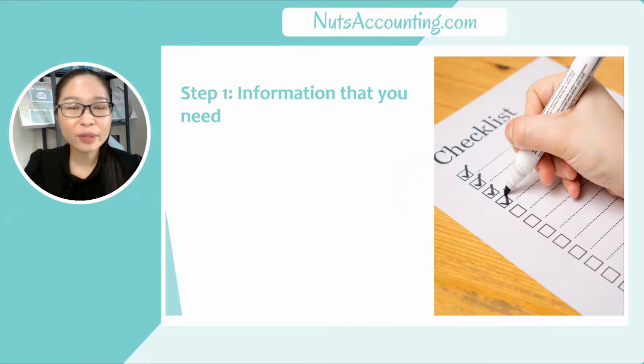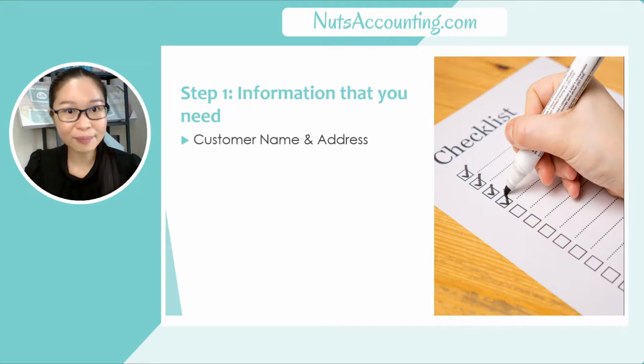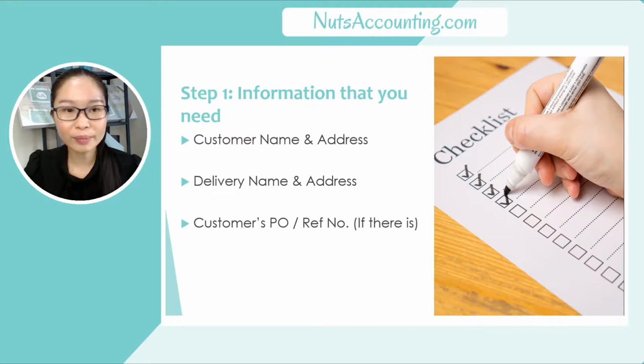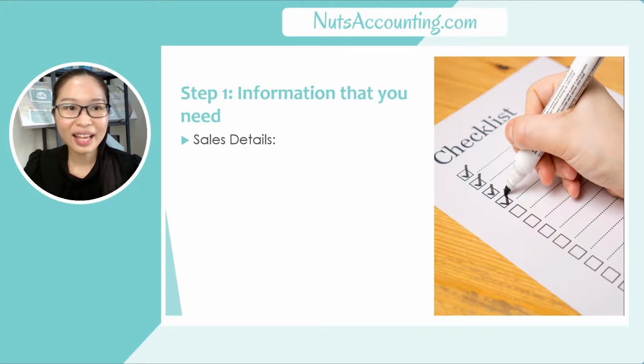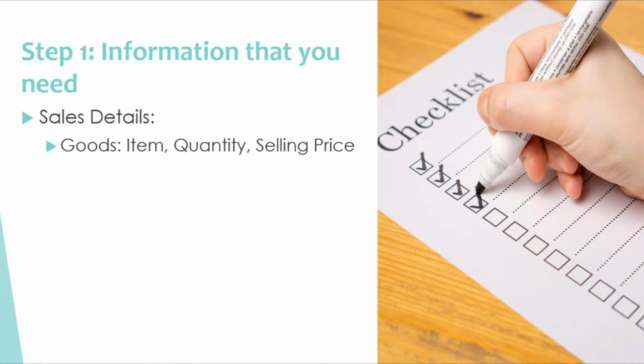You will need to prepare all the information on hand before you can start creating your customer invoice. The first one is your customer name and address, and your delivery name and address, and the customer's PO number or reference number if there is any. Then the sales details of your goods, your items, your quantity and your selling price.